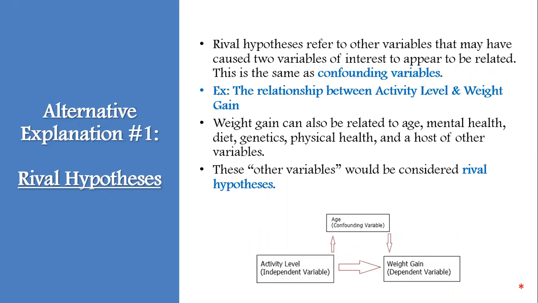For example, in the relationship between activity level and weight gain, weight gain can also be related to age, mental health, diet, genetics, physical health, and a host of other variables. These quote unquote other variables can be considered rival hypotheses.